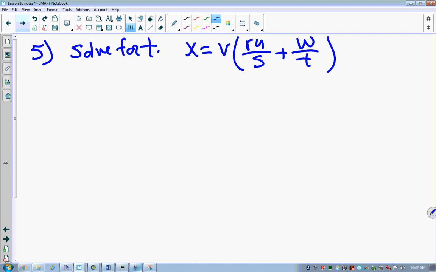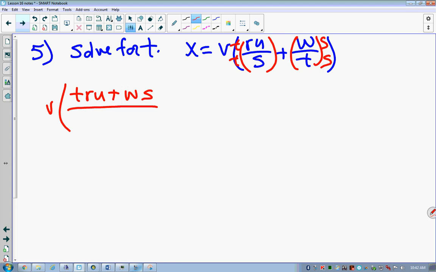If I want to add these things up, I've got to get common denominators, right? So multiply by s over s and t over t. So what I wind up with is v times tru plus ws all over st.